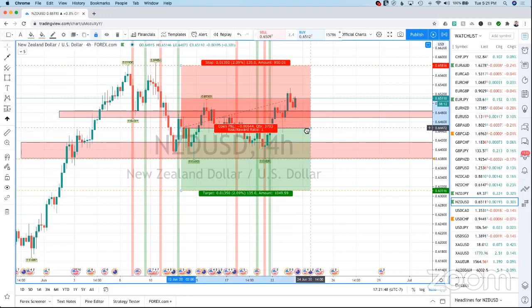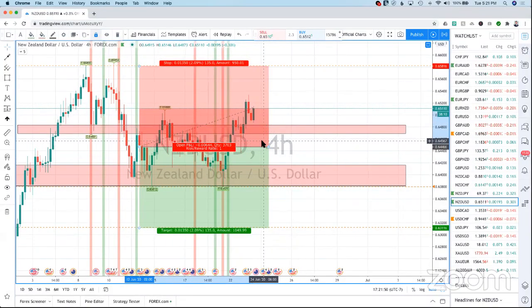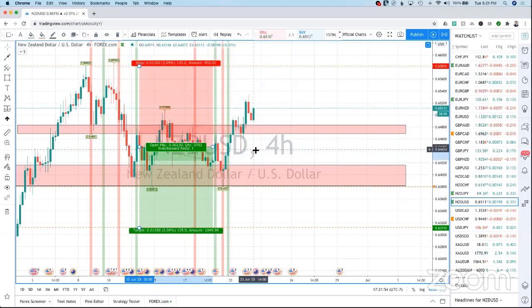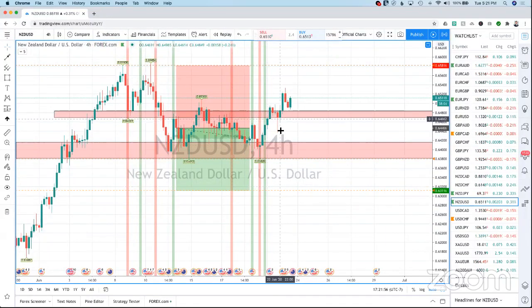So let me unlock this. We had a buy signal right here, which gave an indication of momentum swinging upwards, and that's exactly what happened right here. It shot up, and then it broke above this point right here. So this would give a valid buy entry.